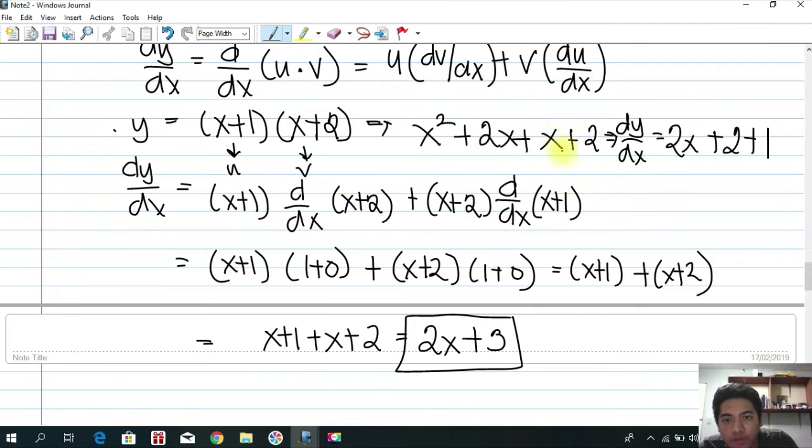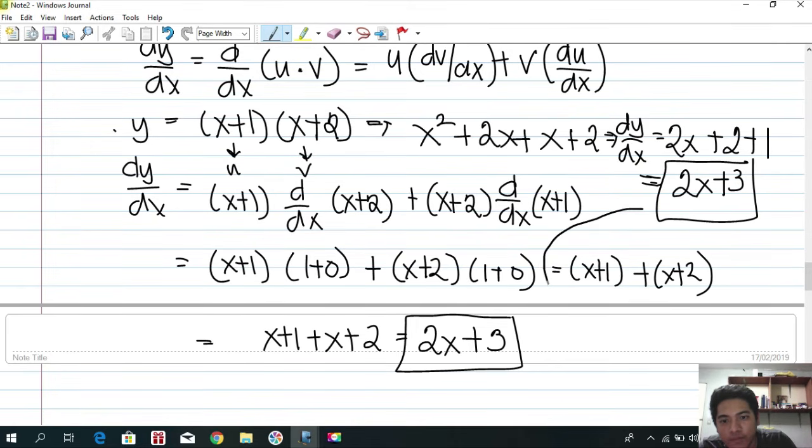And the derivative of this x is 1. Plus the derivative of this 2 is actually a constant that is equal to 0. To simplify, we now have the answer: 2x plus 2 plus 1 is equal to 2x plus 3, which is the same as this.